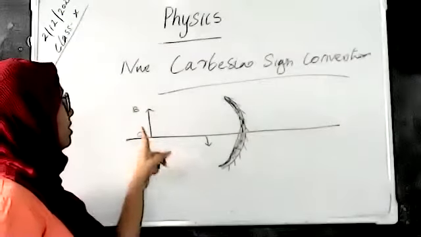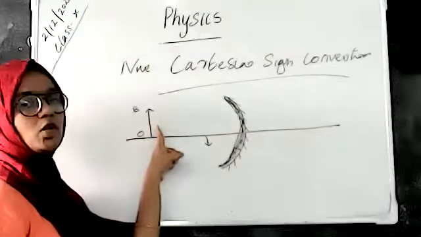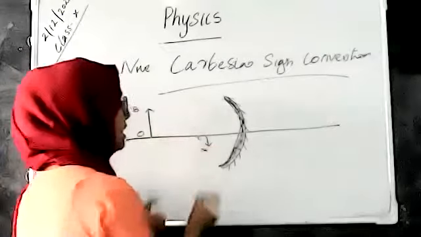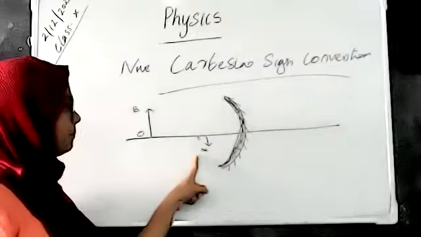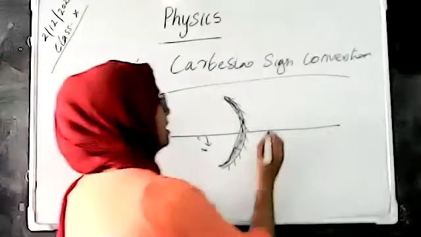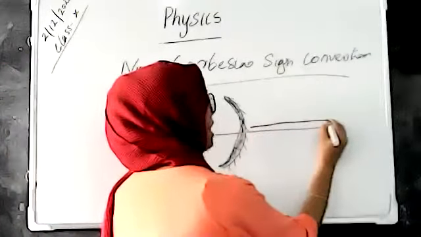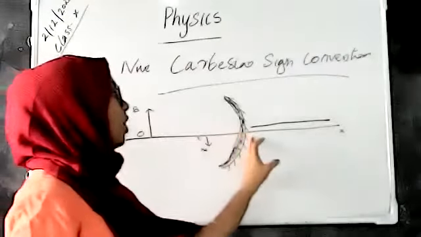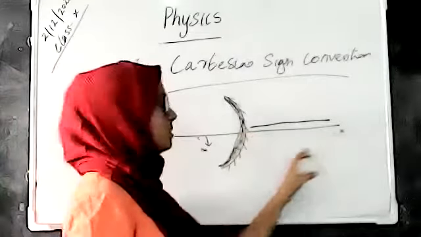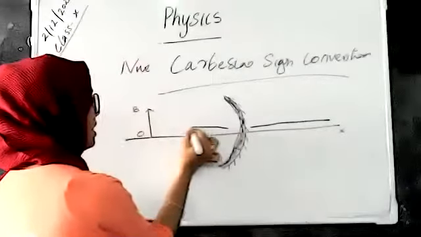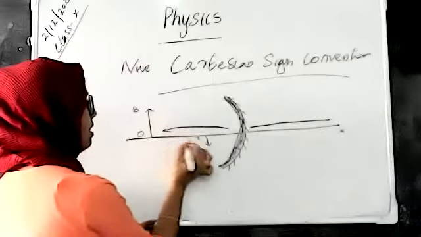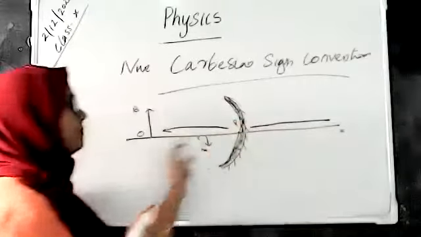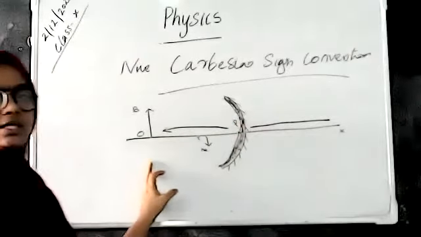Now we have the object height OB and the image height IM, and there is a right side of the pole along the x-axis, and a left side from the pole.